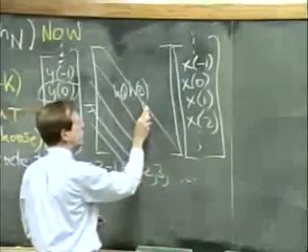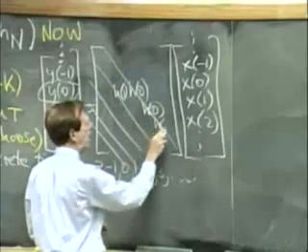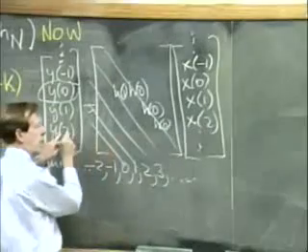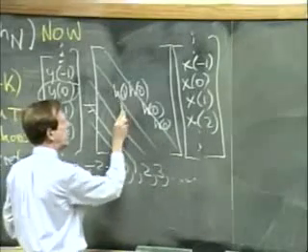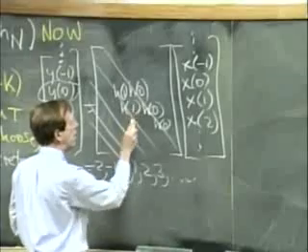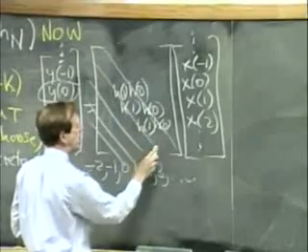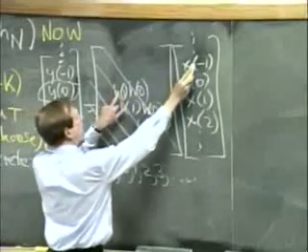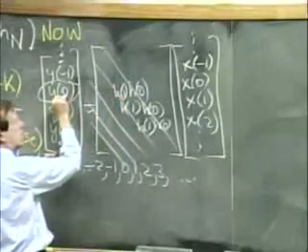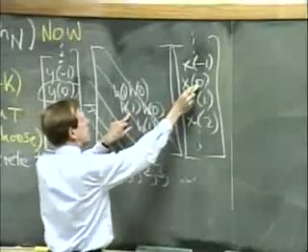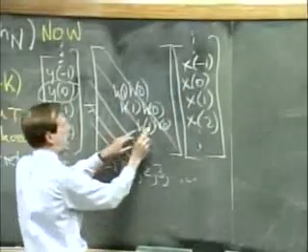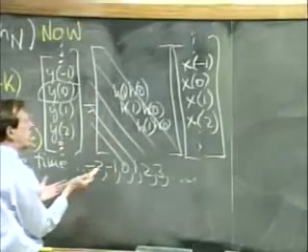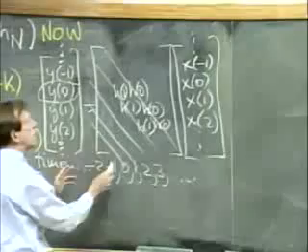So h of 0 will sit on the main diagonal, multiplying x of 2 to contribute to y of 2. But then there'll be an h of 1 on this diagonal. You see that? H of 1 multiplying x of minus 1 goes into y of 0. H of 1 multiplying x of 0 contributes to y of 1. H of 1, x of 1 contributes to y of 2. So the matrix is Toeplitz.